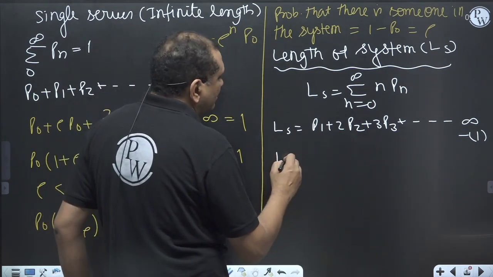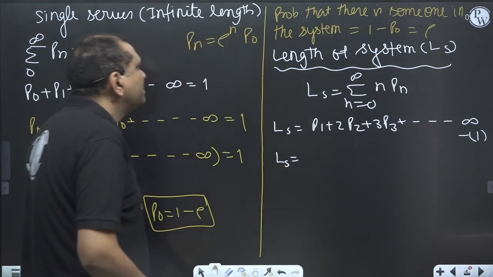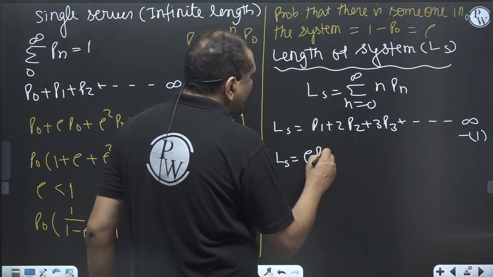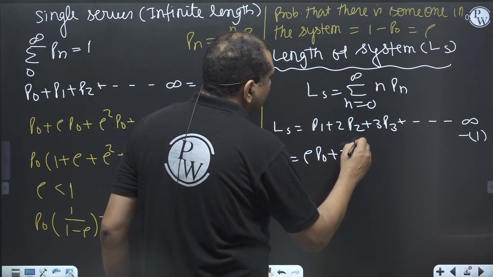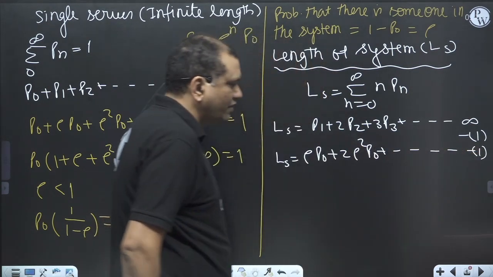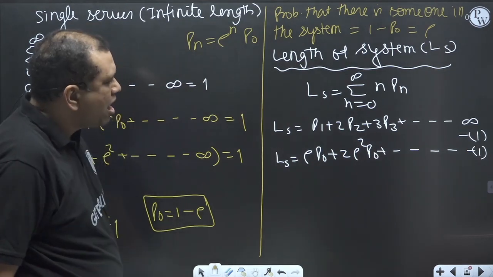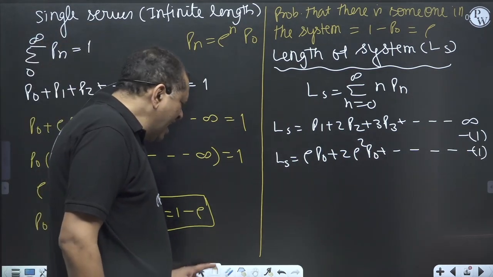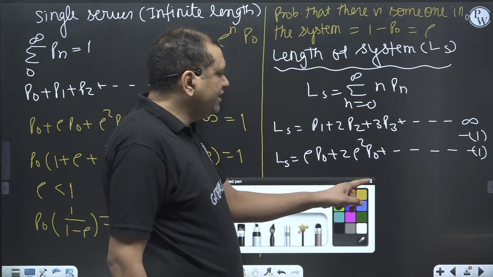So Ls is nothing but, put the formulas here: rho P naught plus 2 rho square P naught, and so on. Like the geometric series, no?